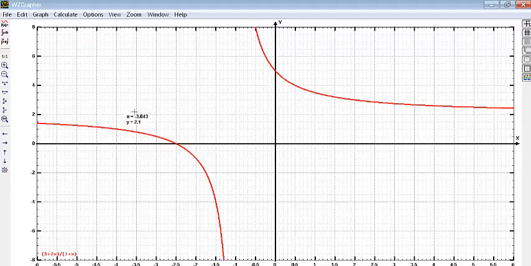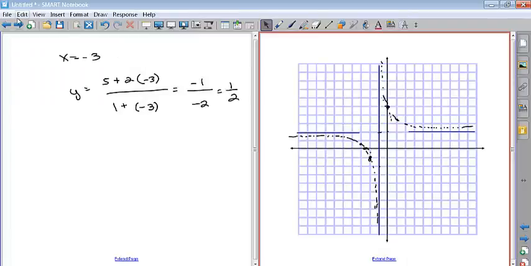You have this horizontal asymptote y equals 0. You have a y-intercept of 5. And if I were to draw the vertical asymptote and the horizontal asymptote, you'd see symmetry for this thing around this point right there, I think. Because you can see if I go over 1, I'll go down 1, 2, 3. And if I go over 1, I'll go up 1, 2, 3. So that looks correct.